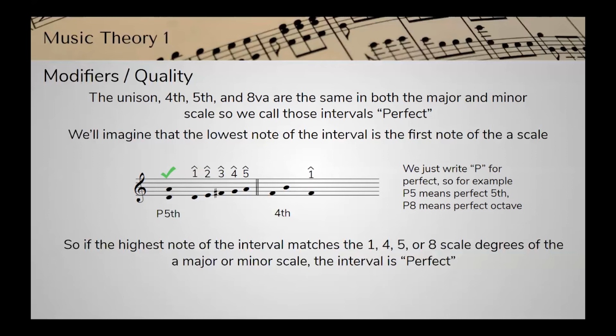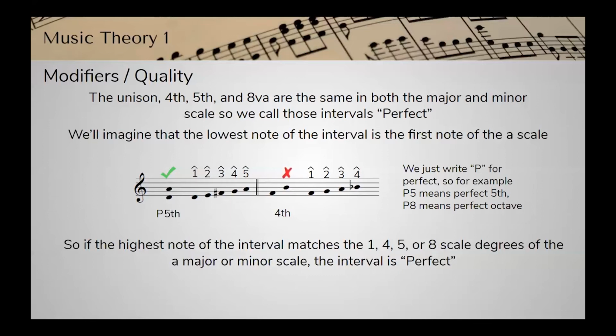Okay, now let's look at the second interval. We have an F to a B natural. So we want to compare that B natural, which is the fourth, to what should be the fourth note of an F scale. Could be F major, could be F minor, doesn't matter. So we see that the fourth note of an F scale should be a B flat.